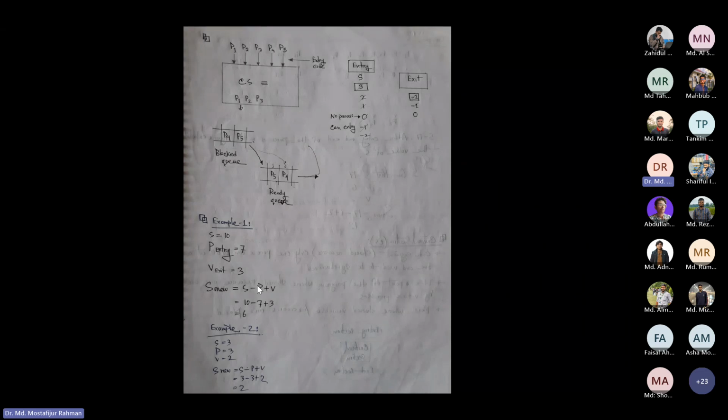How many got entry is P, and how many exited is V. During the entry code, the value of the semaphore always decreases, so minus P. When any process exits from the critical section, the value of the semaphore increases, so plus V. That means 10 minus 7 plus 3, which is 6. This is the new S.